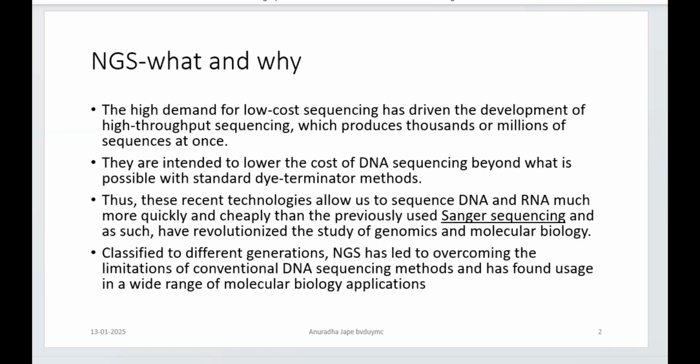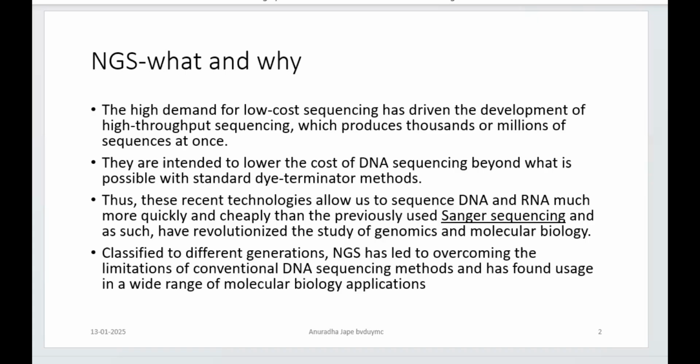Otherwise, in terms of the number of copies, sequences, or samples sequenced, if the high throughput method only increases the number while the cost increases, then it won't stand in the market. So the recent technologies that allow us to sequence DNA or RNA are much smarter methods because the working time is very short.